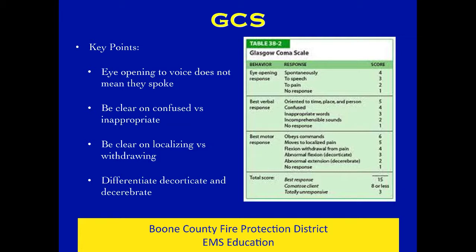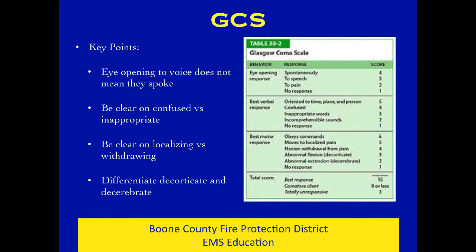If he pulls away and kind of startles all over, then he is withdrawing from pain. So he doesn't get withdraw from pain just from pulling back with that one arm that you put the pain to. It has to be both arms and legs, and he is trying to get away from pain, which indicates a lower functioning brain and neurosystem than if he was able to say, yes, you pinched my left, put nail bed pressure to my left hand, I'm going to pull back with my left hand.